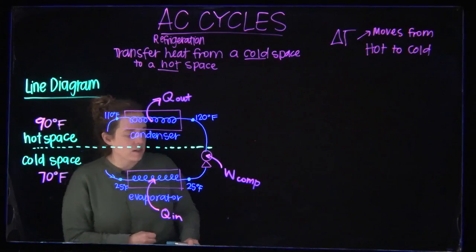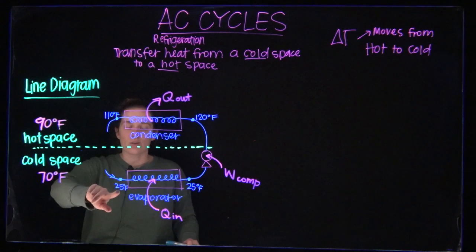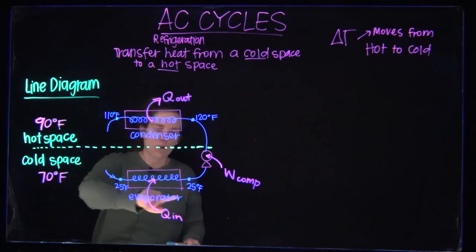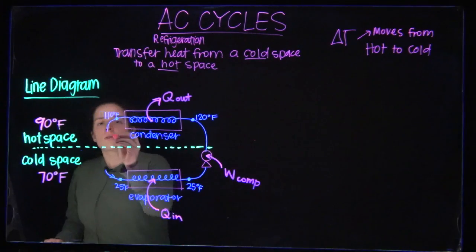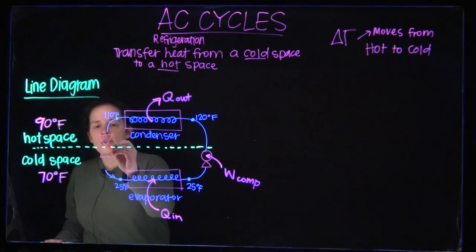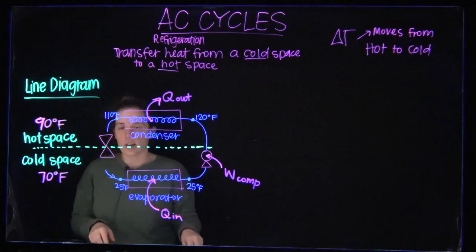But we still haven't quite gotten back to, we're at 110 degrees, we need to get this back to 25 degrees so it can go back through this evaporator and start the process again. And what it goes through here is called an expansion valve. And an expansion valve is just that, it's a valve. It doesn't have any moving parts, there's no heat transfer that happens here.